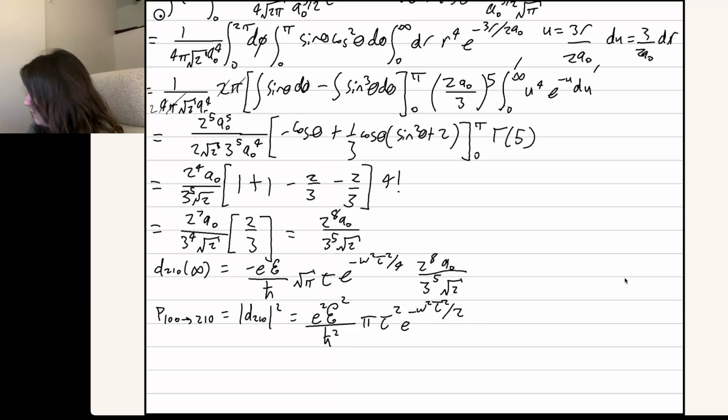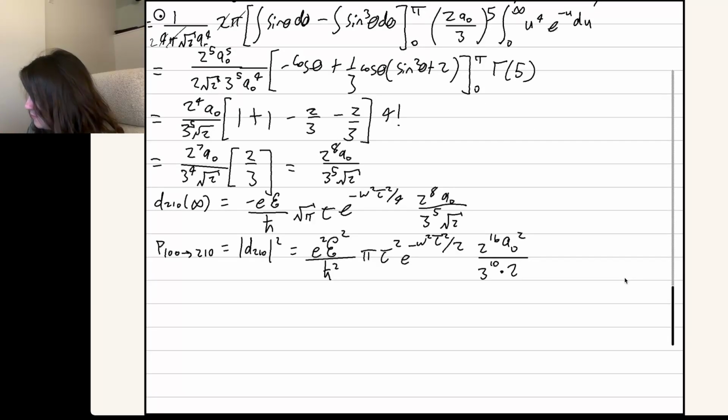Then we'll have 2 to the 16 a naught squared over 3 to the 10 times 2. And it's necessary to simplify that by one more thing. That e was too fancy.